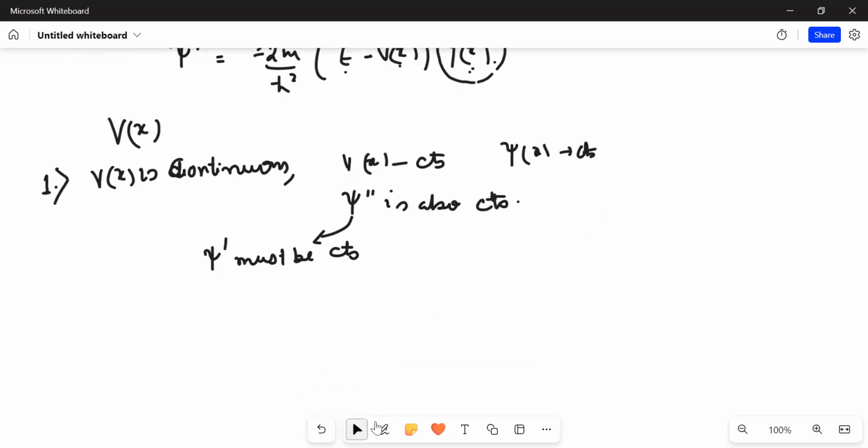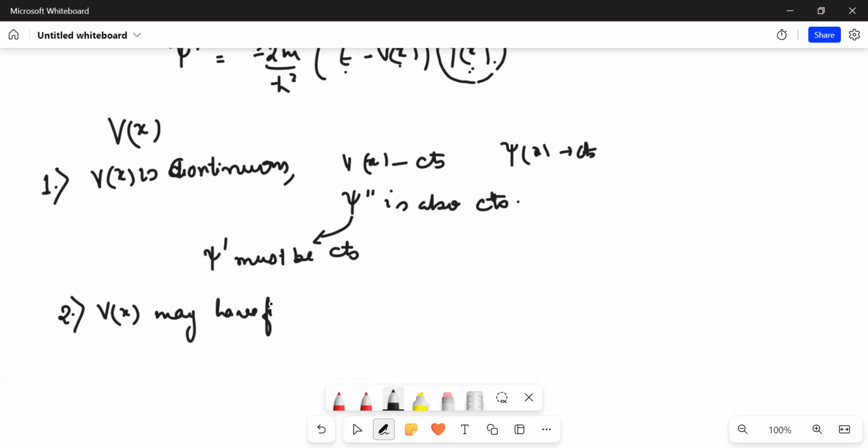Now, case number two, which may arise, that V(x) has some finite jumps, which means some finite discontinuities.